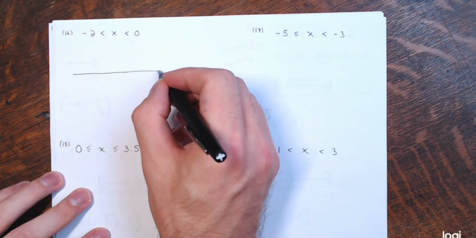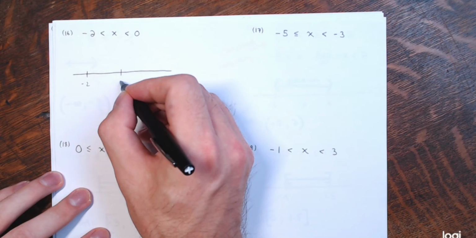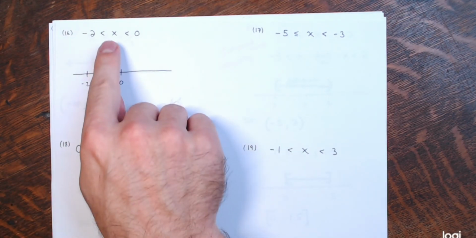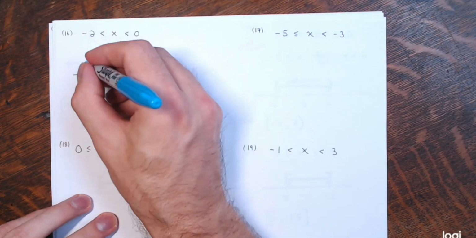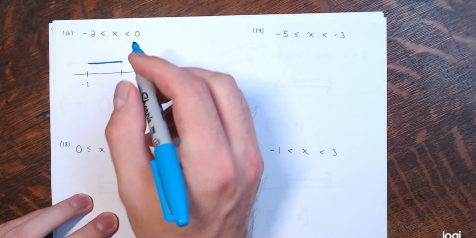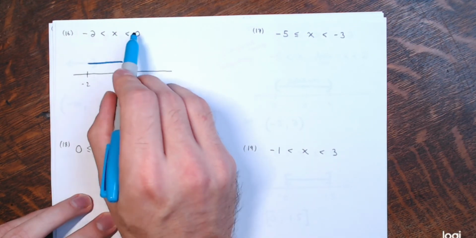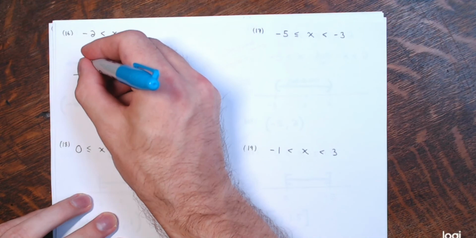All right, so again, number line, -2 and 0 are mentioned. -2 should be to the left of 0. And what we're asked to find in this one are the numbers x that are between -2 and 0, but notice that these are both is less than, or is greater than if you're reading them the other way, but not equal to, right? So -2 is not a solution.